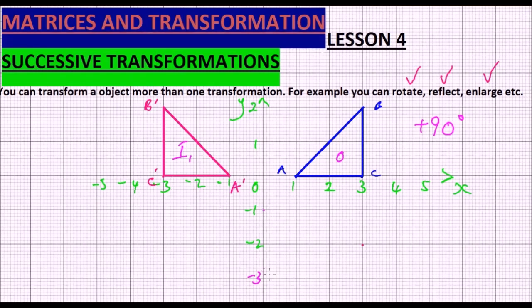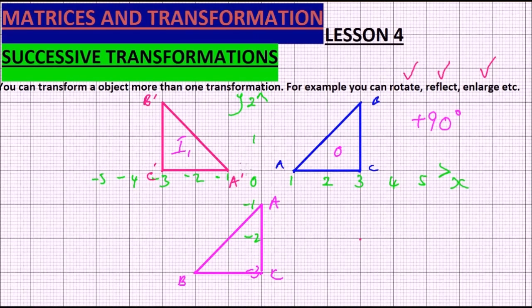C will come to this point, and our B will be 2 units from C. So this is where we have our B. We join the 3 points to come up with the second image, after transforming our first image through positive 90 degrees.